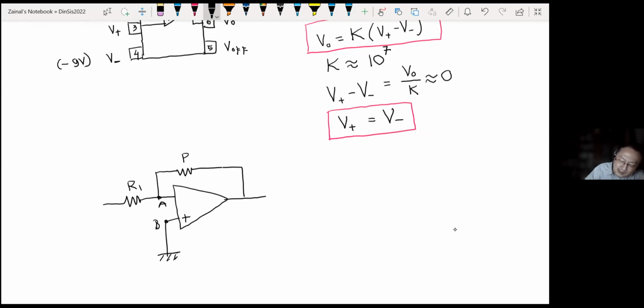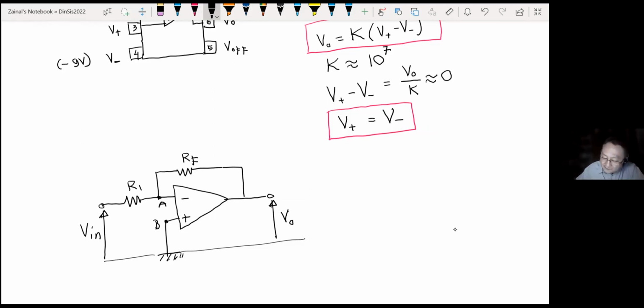This one is called R feedback. This one is V in. This one is called V out, V output. This one is minus.